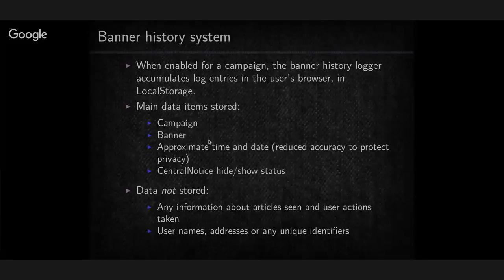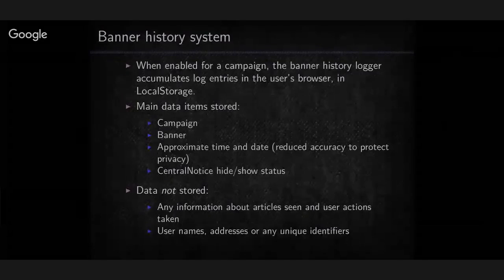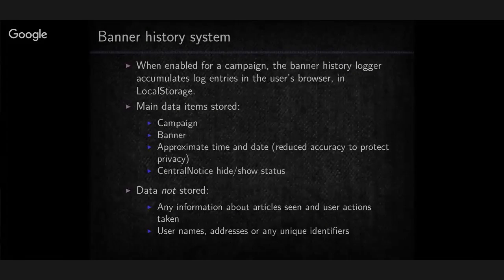And another data point that's stored is just the status of the banner in terms of being hidden or shown, because of this logic whereby sometimes a user is selected as being in a campaign, but there's logic that runs that says, okay, let's not show the banner now, or let's show 2 or 3 banners over a set of page views, and then let's stop showing them for a certain amount of time.